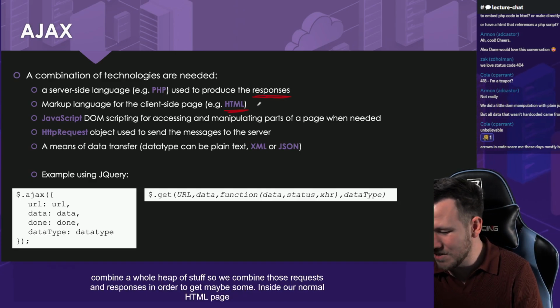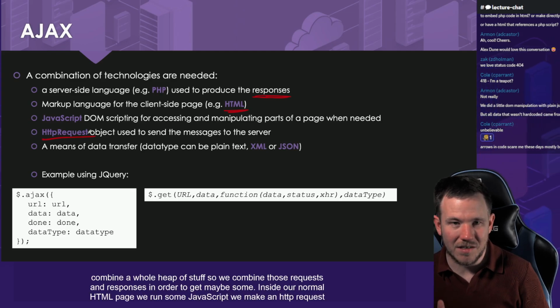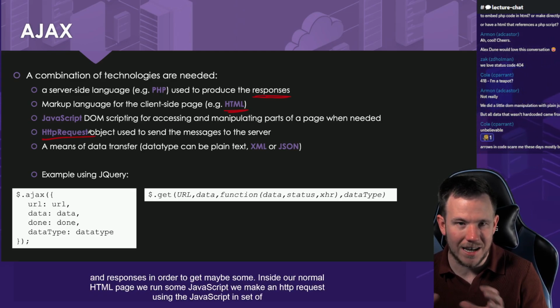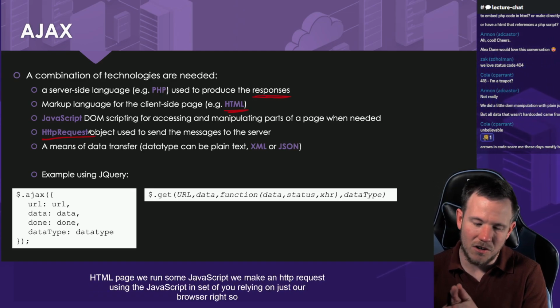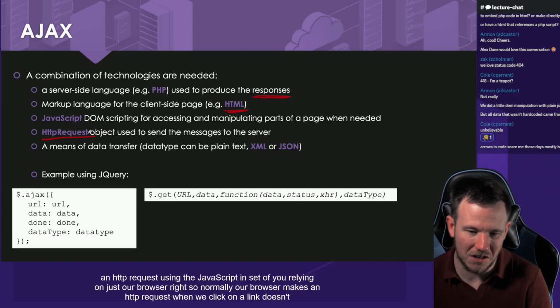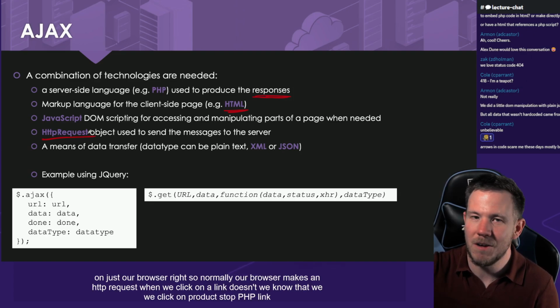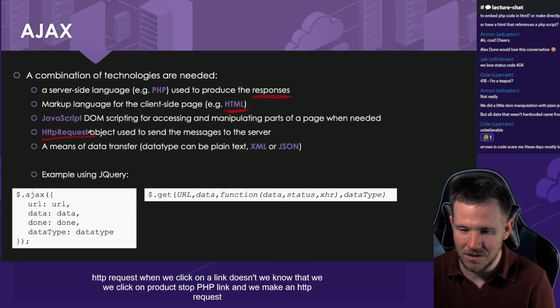We run some JavaScript, we make an HTTP request using the JavaScript instead of relying on just our browser, right? So normally our browser makes an HTTP request when we click on a link, doesn't it? We know that. We click on a products.php link and we make an HTTP request, we get a response.